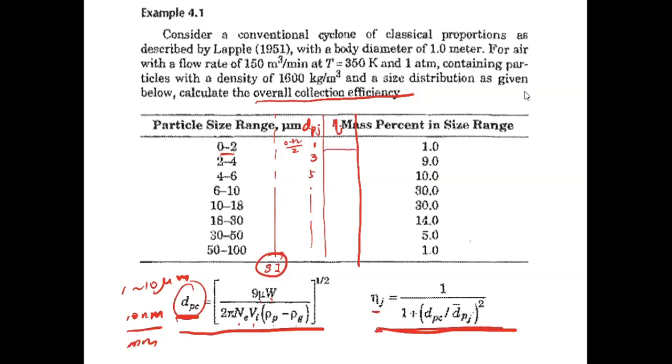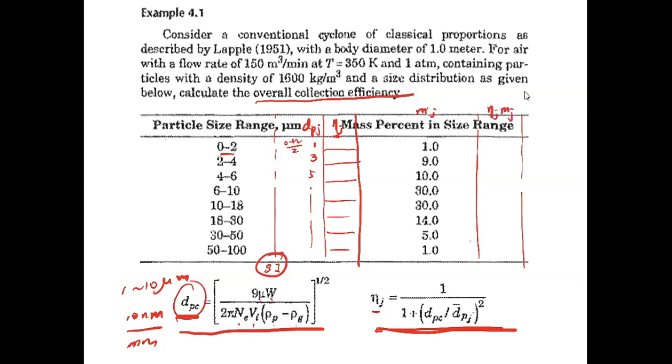So for particles inside each size bin, there's a specific efficiency in there, right? So this column that's going to be provided to us, that is the mass fraction of certain size bin, okay? And we mentioned that to calculate the overall efficiency, we need to multiply this eta J with mj.